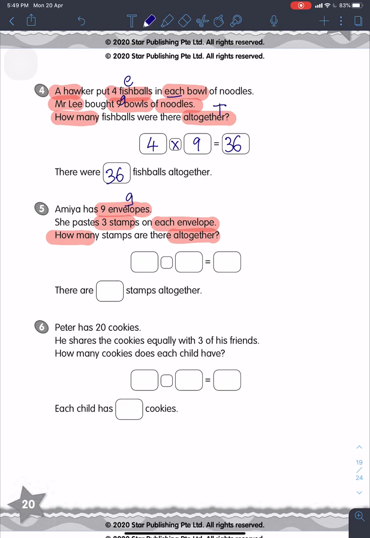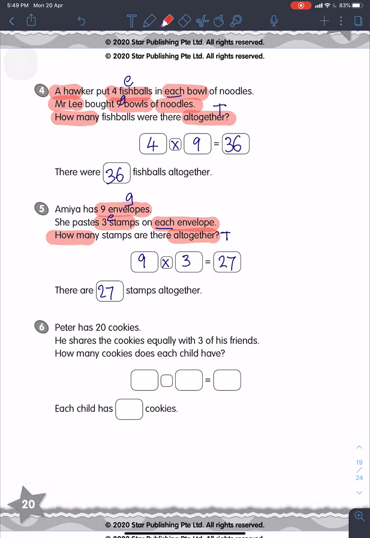And she pastes 3 stamps on each envelope. Therefore, 3 represents the E. And how many stamps are there all together? Total. So to find the total, we are doing a multiplication. So it's 9 multiplied by 3, which gives you 27. There are 27 stamps all together.